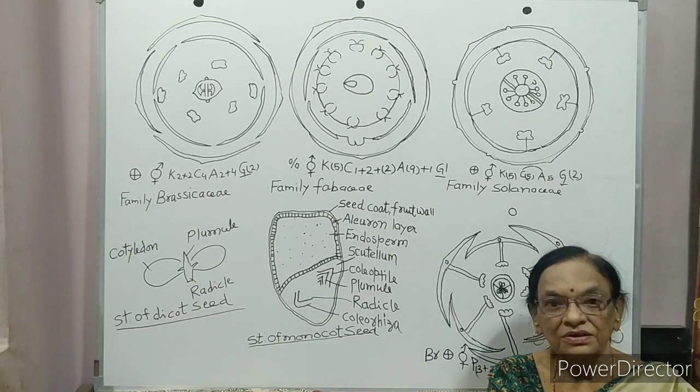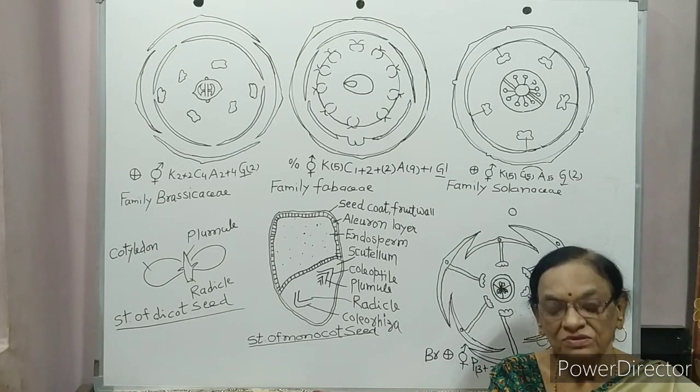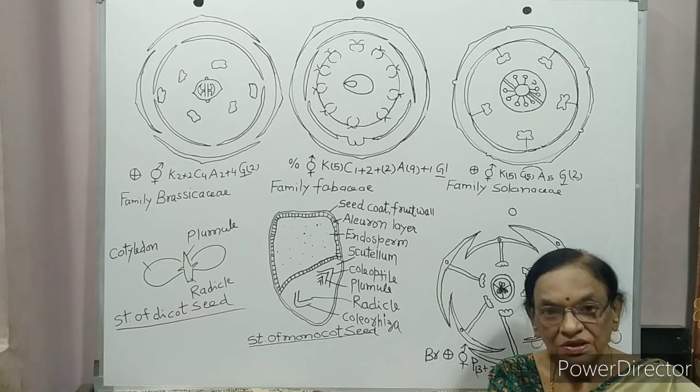Floral characters. Inflorescence is racemose. What is racemose? The main axis continues to grow. The plant grows in height. That is called racemose inflorescence.